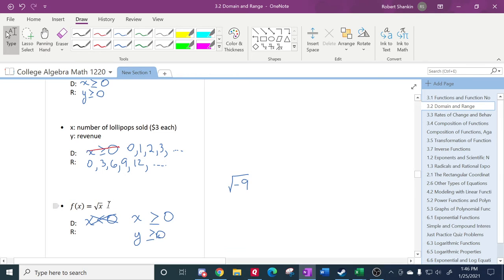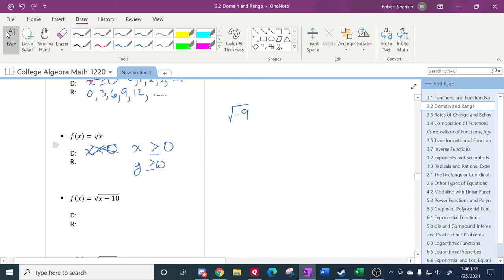You can't have square roots of negative numbers. So you have to disallow those things. Other than that, we don't know anything about the context, so we say everything else is allowed. So we always take the biggest possible set that we can think of, as long as it doesn't give us illegal values. All right, so let's go to this next one.